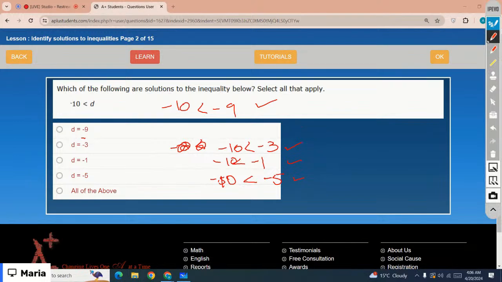All the options are the solution of the inequality.